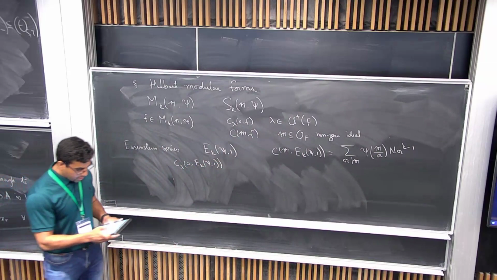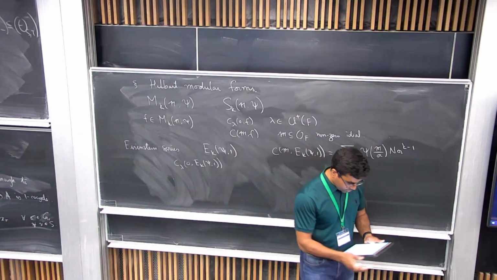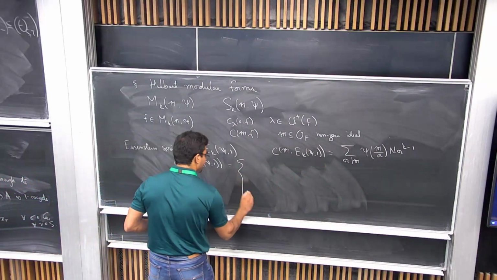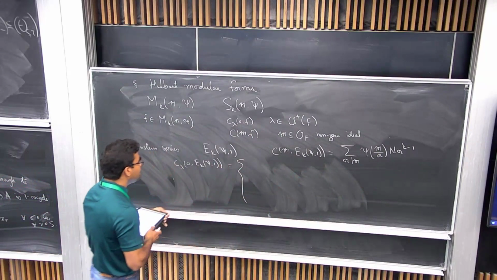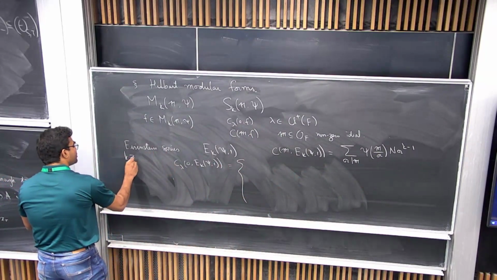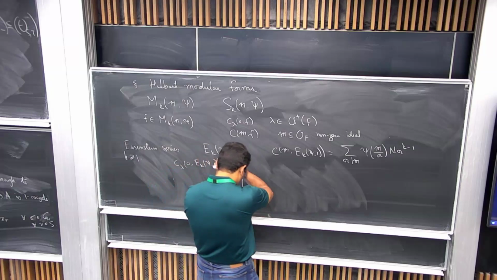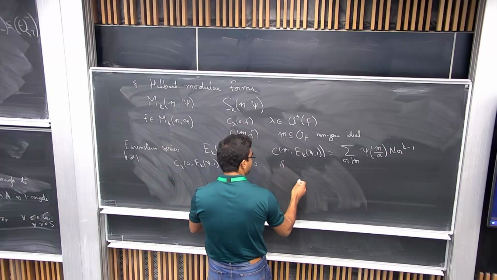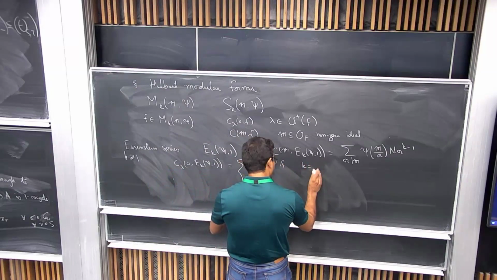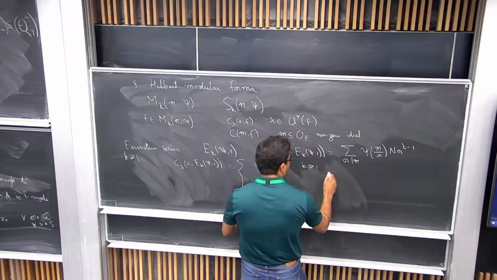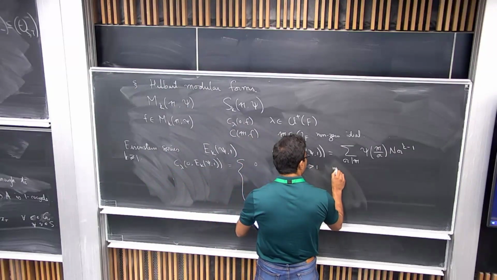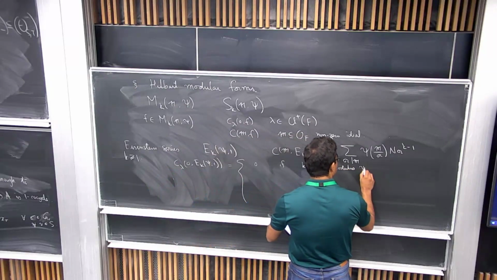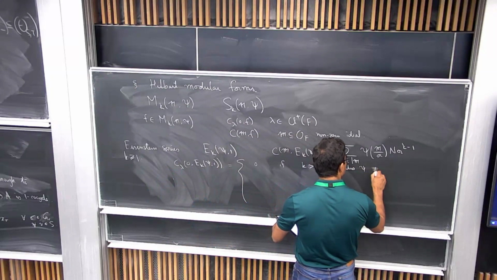I wanted to reduce to a simpler situation, so I'll do it after I write this thing down. This depends on what k is. Here k is bigger than or equal to 1. So this is 0 if k is bigger than 1 and the modulus of psi is not equal to 1.